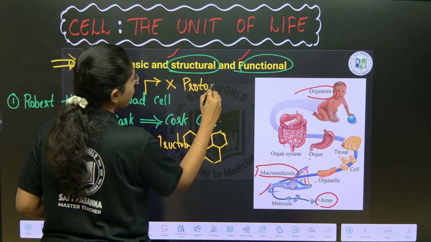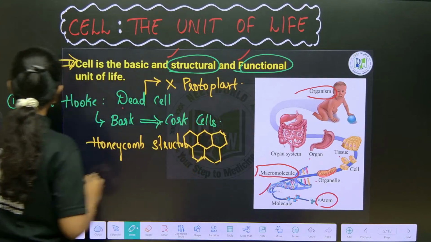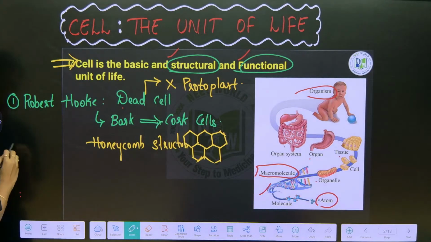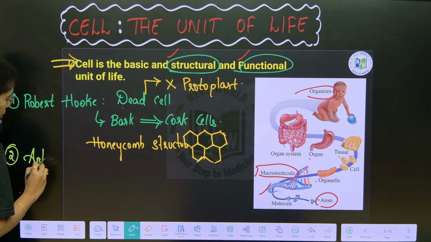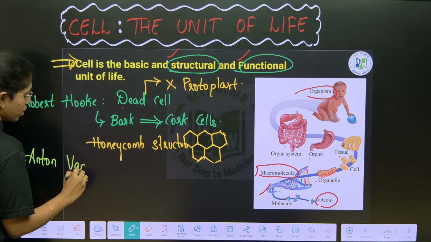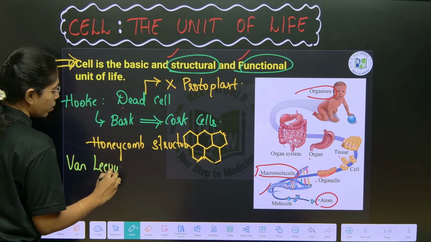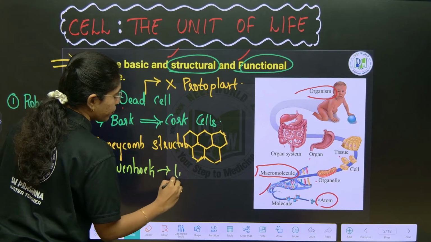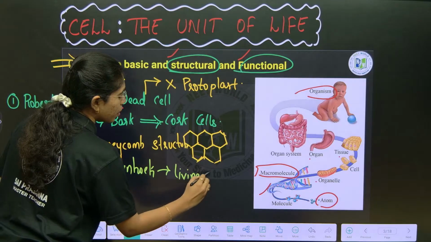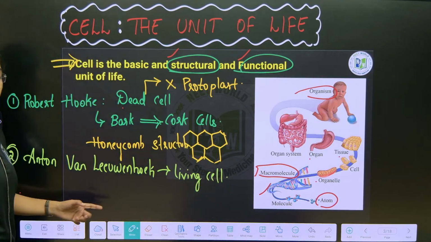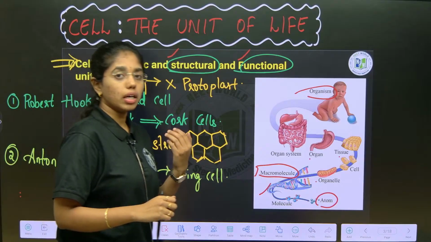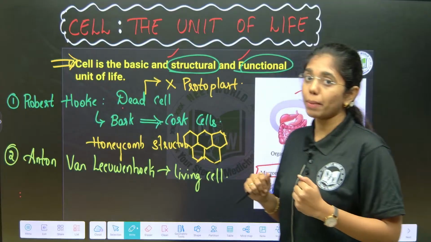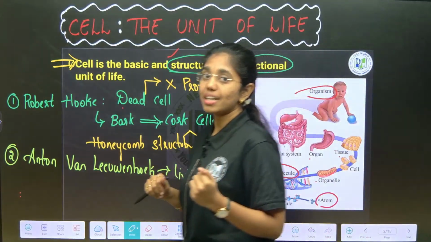Then who identified the living cell? The living cell was identified by Anton van Leeuwenhoek. He identified the living cells from the cheek cells of humans, from spermatozoa, or from single celled bacteria.